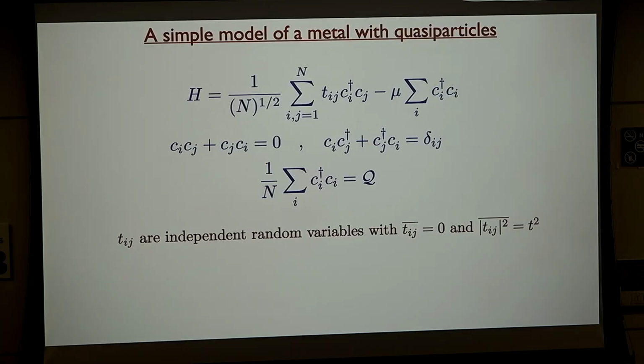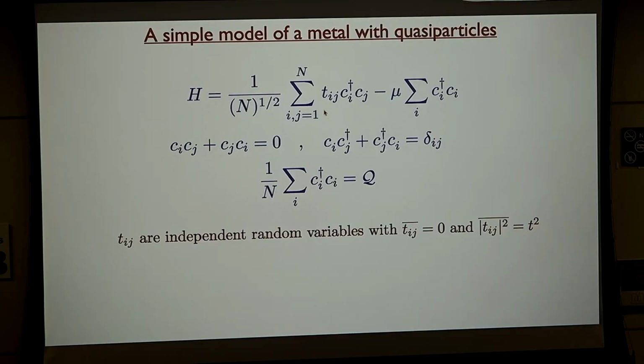So let's begin with the simplest random matrix model. This is the matrix model of Wigner, which he introduced to describe nuclear energy levels. But now we think of it as some random hopping model, T_ij, of fermions hopping on N sites. So you can go from any site to any other site with some amplitude T_ij.